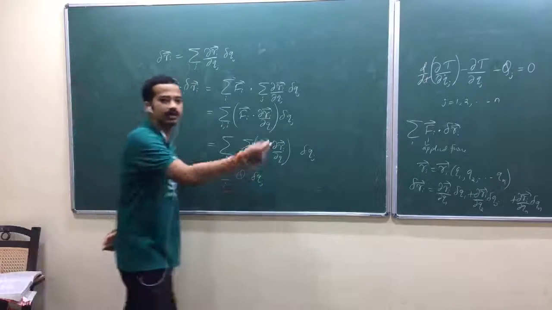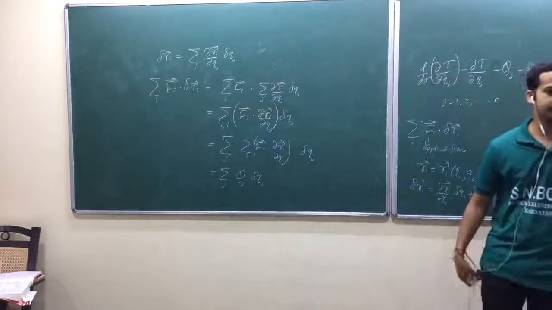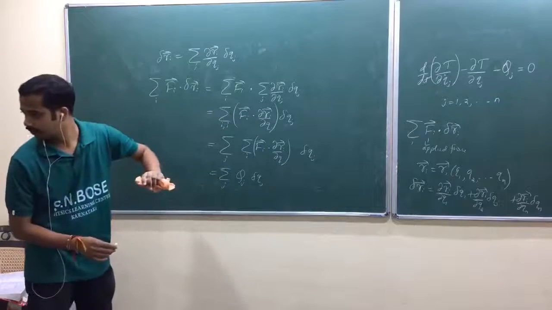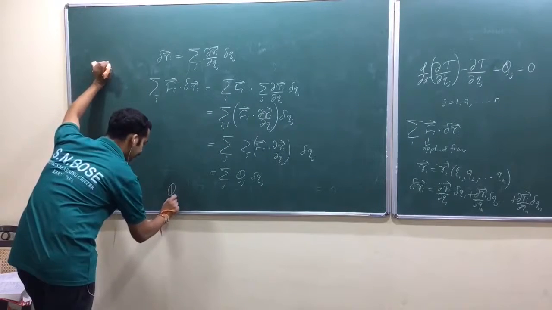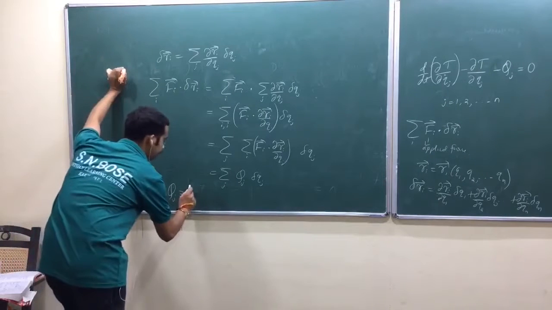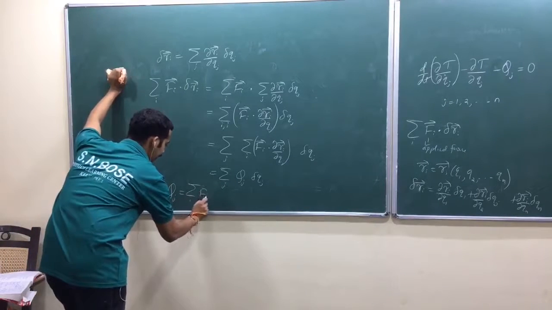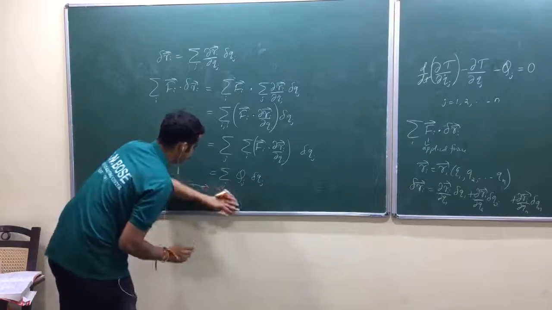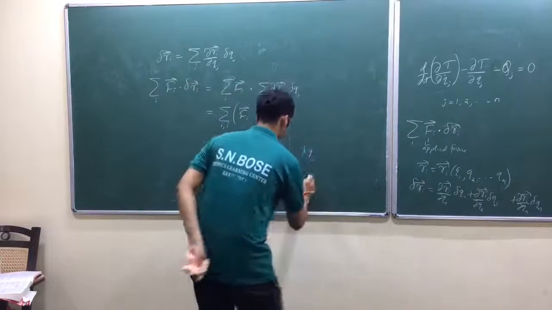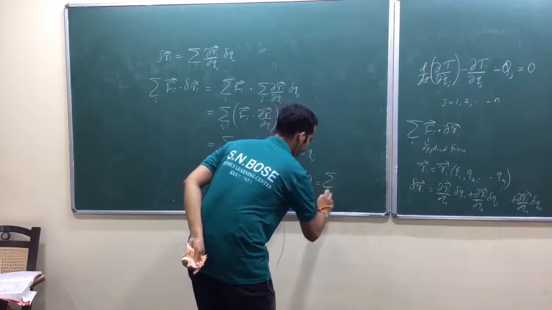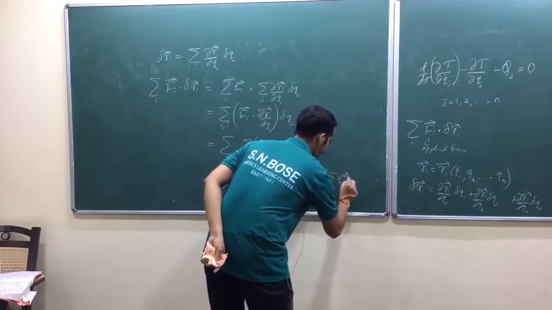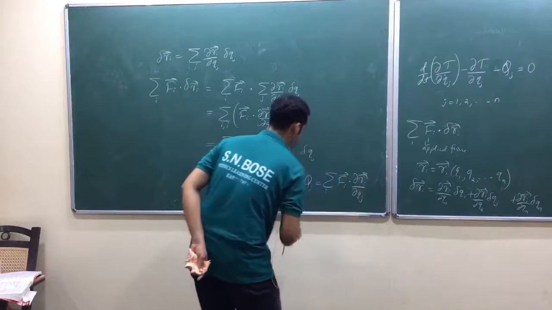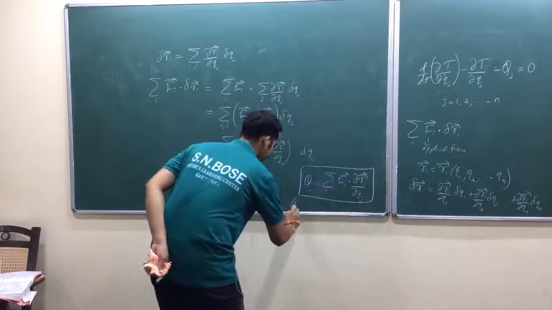We keep on doing this kind of thing, so then we can derive our last equation. Now what is our Qj? We call that the generalized force Qj, where Qj is equal to summation over i Fi dot ∂Ri/∂Qj. So we call this the generalized force.